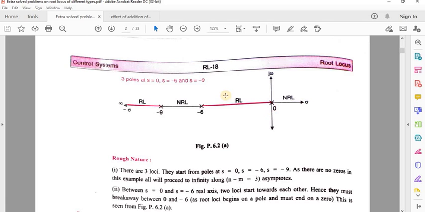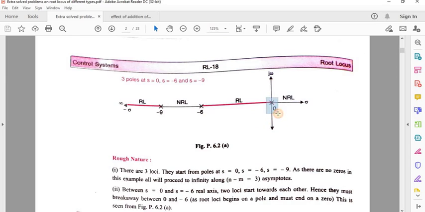So in this period from 0 to -6, on the negative half, there are two poles. As our rule says, exclude the first one, and then count.